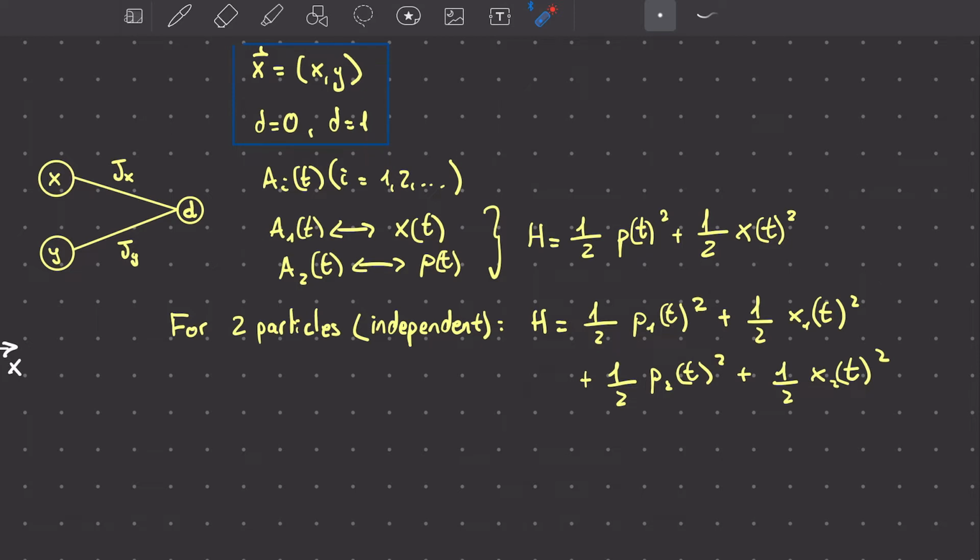Because they are independent in this case for this last Hamiltonian, they are not correlated. If they are independent, they cannot be correlated. But if we look at another example, say there is a force that acts between the first particle and the second particle. Just a quick diagram: particle 1, particle 2.